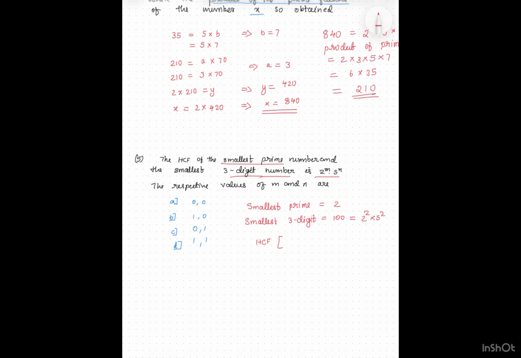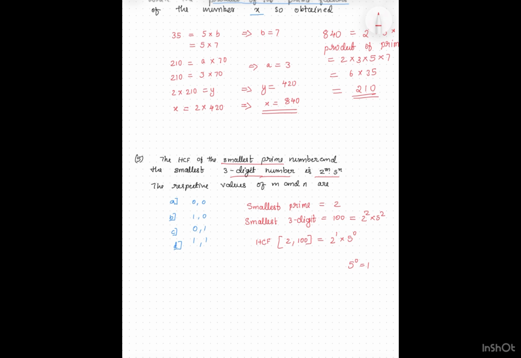HCF of the two numbers 2 and 100: the common factor in the two numbers is 2 and its smallest power is 2 raised to 1. And 5 is not common, so we get 5 raised to 0. 5 raised to 0 is 1.